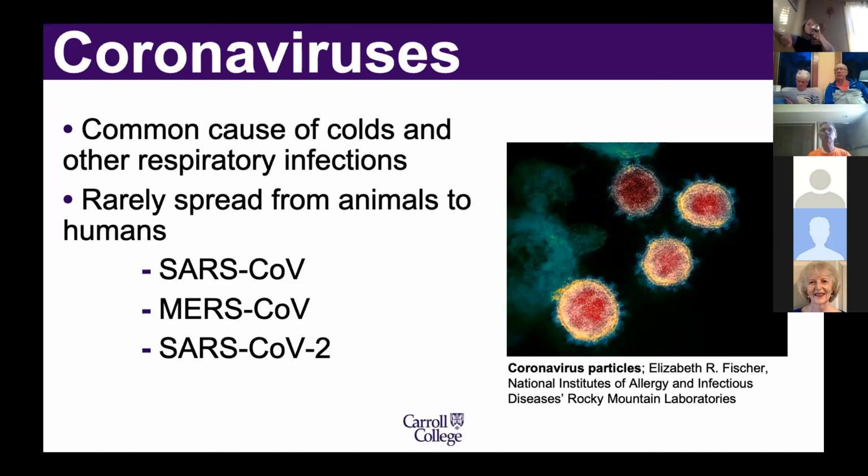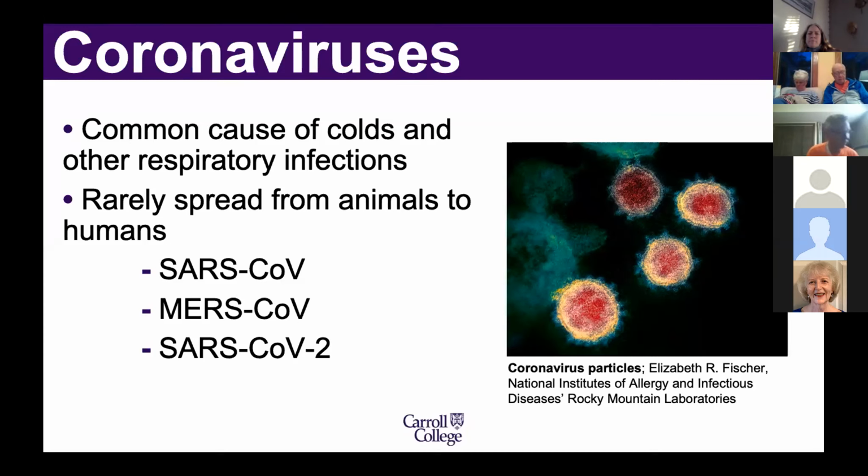Very rarely, animal coronaviruses can infect people and then be spread between people. Examples of viruses that have done this include SARS coronavirus, which is severe acute respiratory syndrome coronavirus, also MERS coronavirus, which is Middle Eastern respiratory syndrome coronavirus, as well as the virus that we're currently dealing with, which is called SARS coronavirus 2. All of these viruses had their origins in bats.